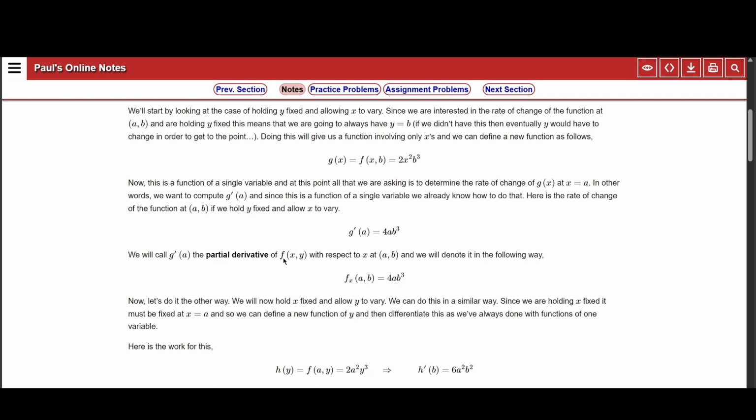Okay, so I was right earlier. This word, he says, are these signs for the partial derivative of f of x and y with respect to x, and at a, b will denote it the following way.